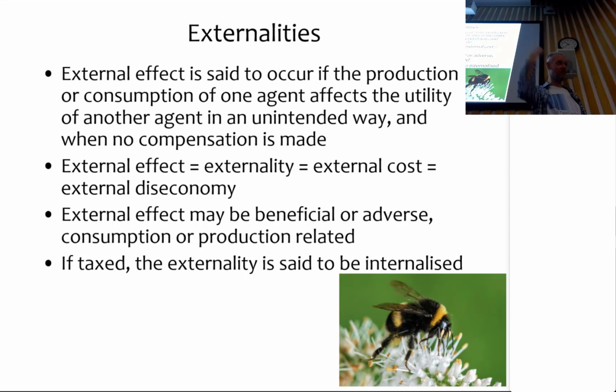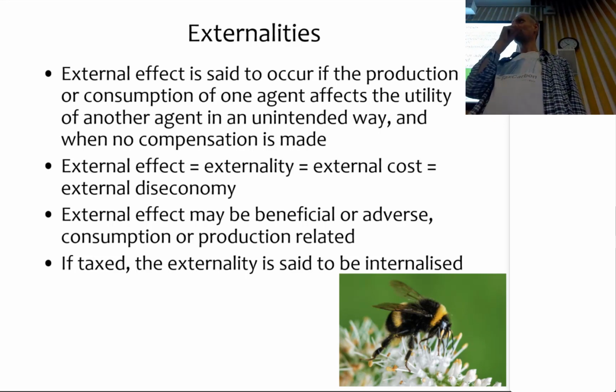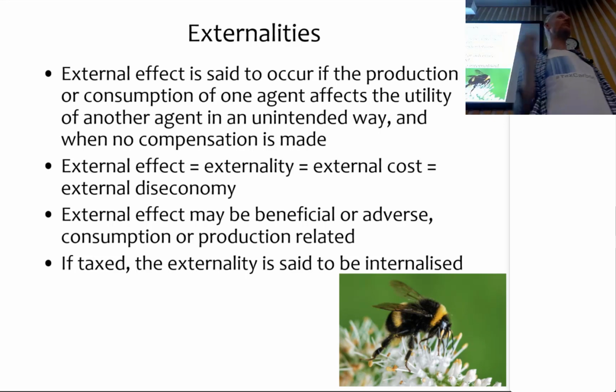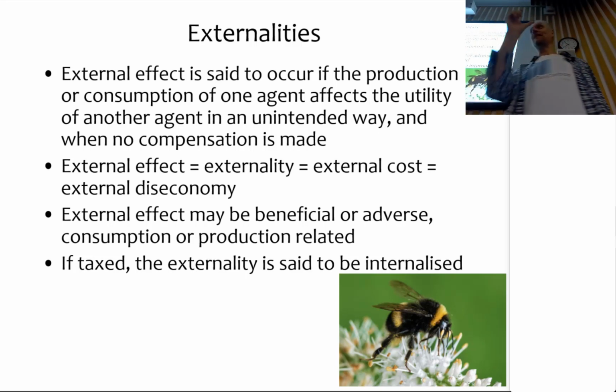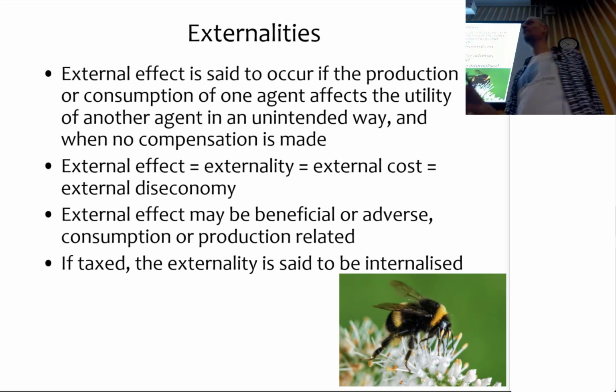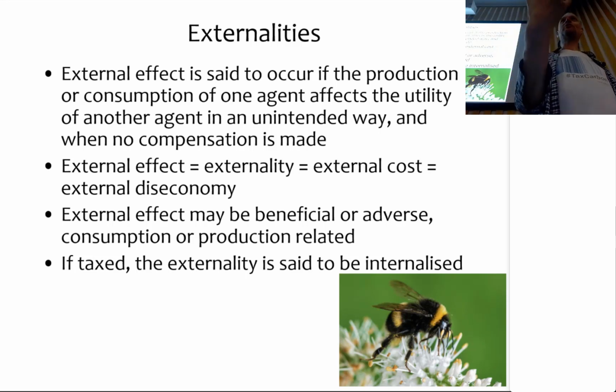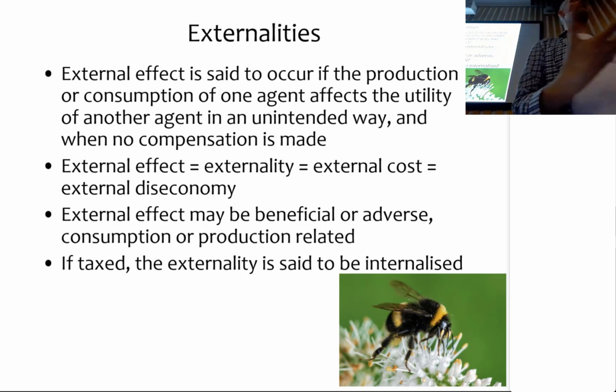You emit them into the atmosphere, sulfur and nitrous oxides and those sort of things. And you emit carbon dioxide into the atmosphere. That is not why you burn the coal. You burn the coal to make electricity. So the intention is making electricity, and the CO2 emission is an unintended consequence of this, right?